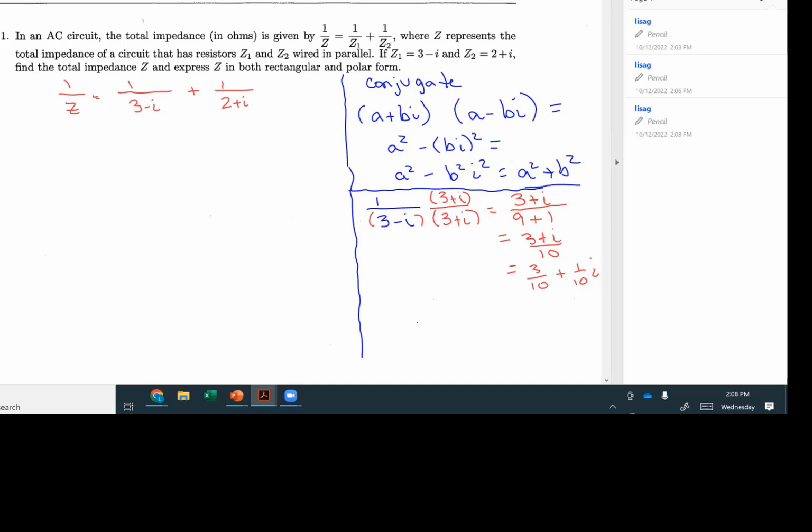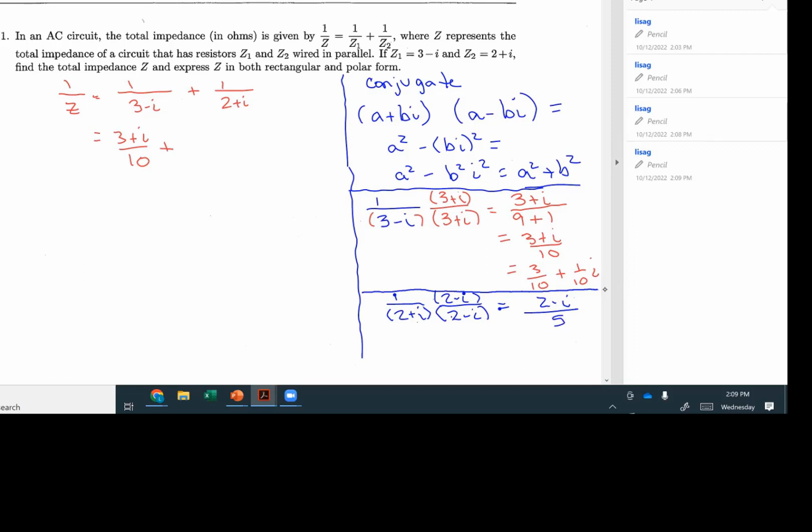I'm going to come back over here. The complex conjugate of 2 plus I is equal to 2 minus I. So I multiply by 2 minus I over 2 minus I, which gives me 2 minus I divided by 4 plus 1, which is 5.